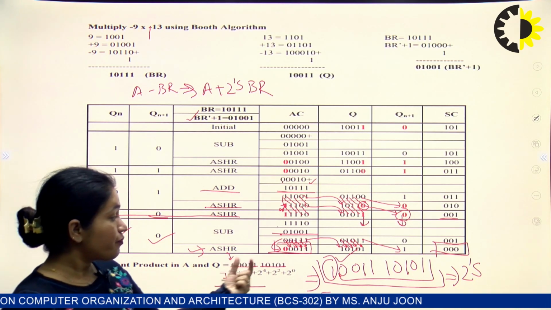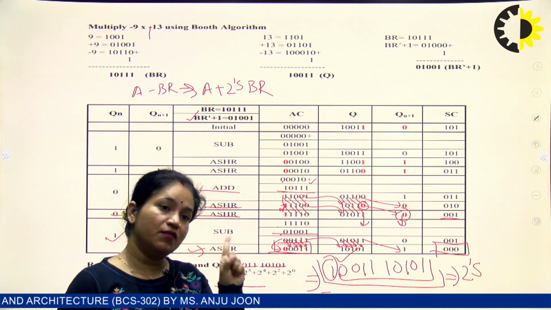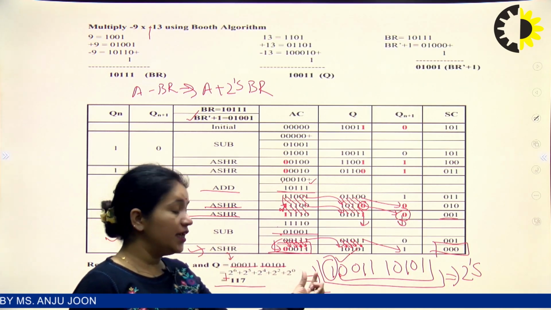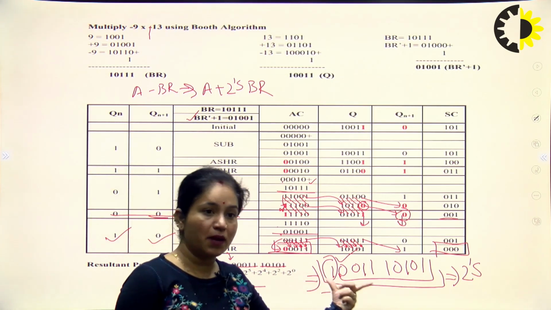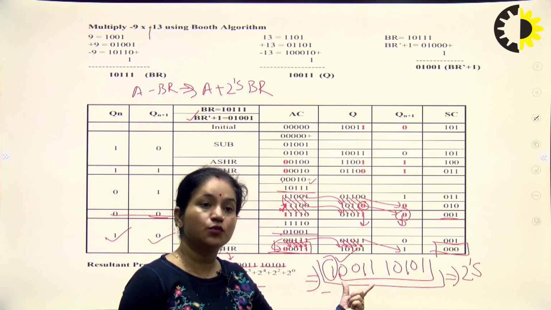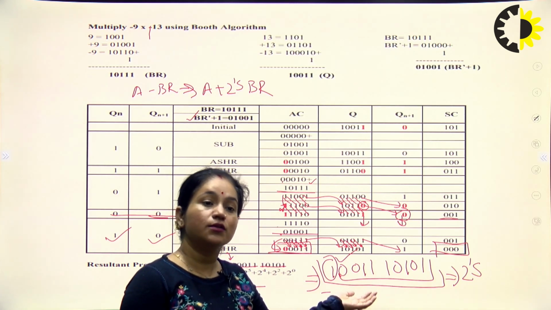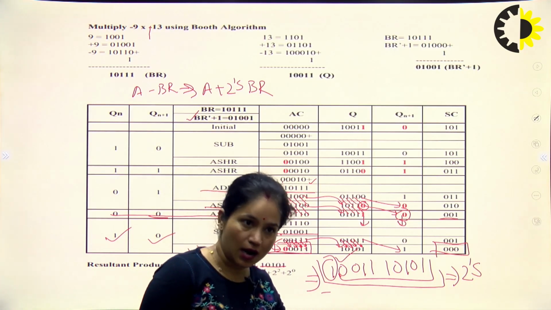But when it will be negative, which always happens when one number is positive and one number is negative, this binary string needs to be converted into 2's complement. That 2's complement you convert into decimal, and that will be your magnitude and your answer.